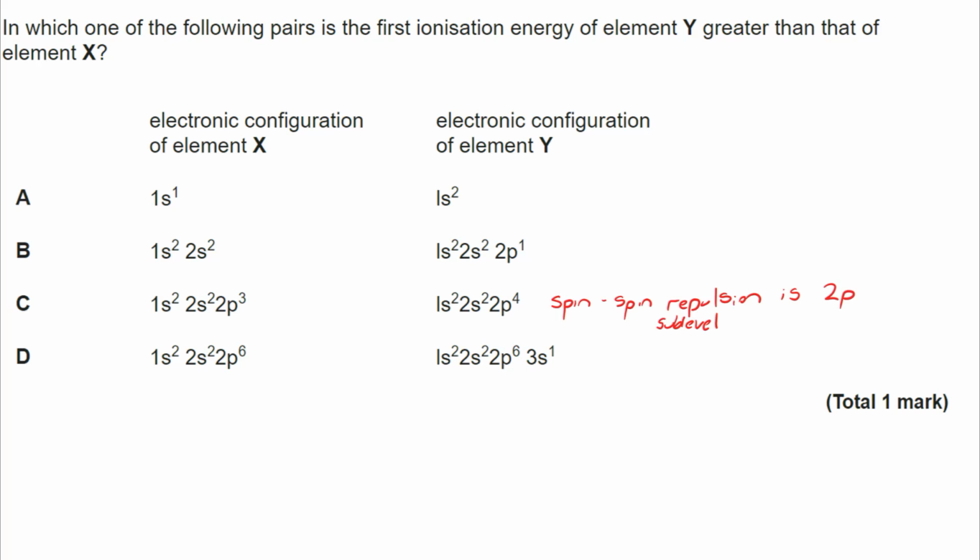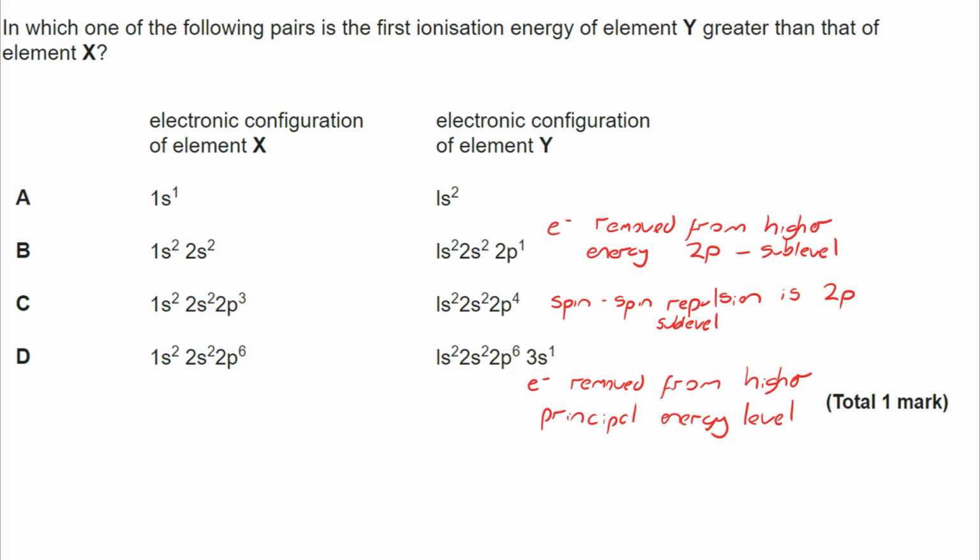So for that reason, the answer is not C. In D, we are moving into a higher principal energy level, so you are going to expect there to be a dip. And in B, you are moving into a higher energy 2p sublevel, which means that you have to put less energy in. So all 3 of those are going to lead to a decrease in first ionization energy. But in this case, in A, there is an increased nuclear charge because there's an extra proton, but there is no increase in shielding. So for that reason, the correct answer is A.